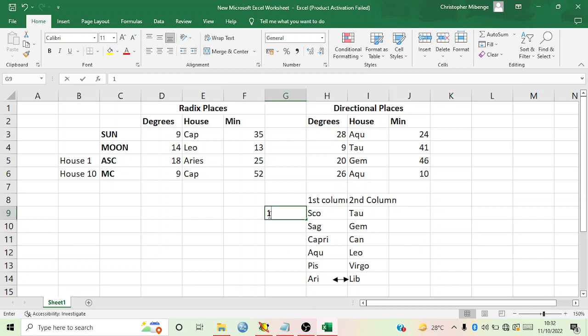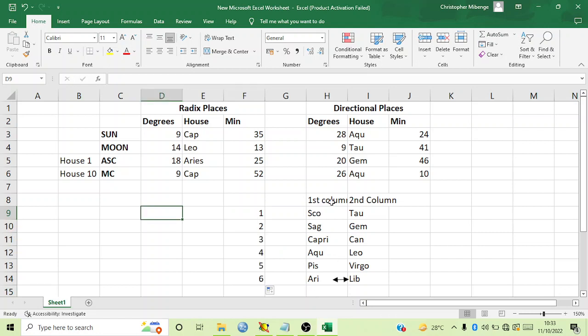So first column, we're on the 6th position. In fact, let me put the countings here: 1, 2, 3. So we've got 6 positions, the first column and the second column.